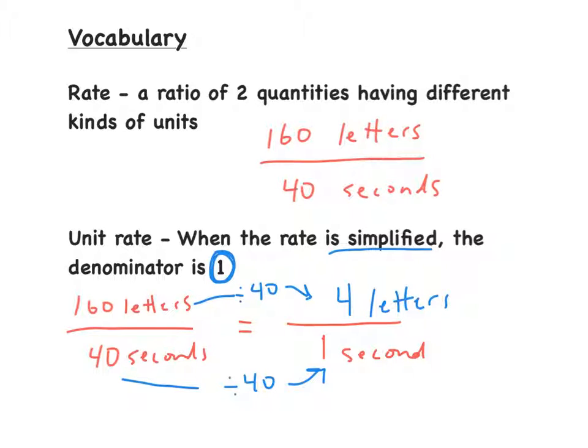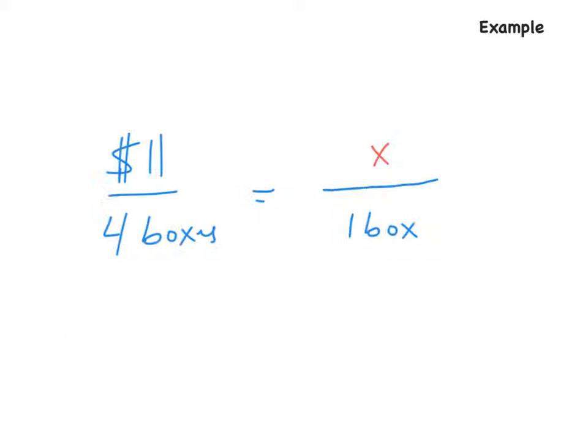So the unit rate, when it's simplified, the denominator is 1. So, for example, I have $11 that I spent on 4 boxes of cereal. Now, I want to know how much was just 1 box of cereal. So, to find that, to go from 4 to 1, I would have to divide by 4.